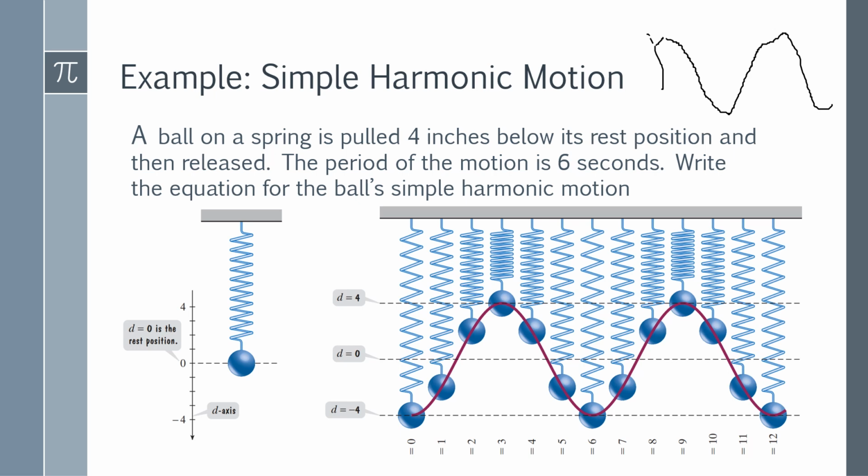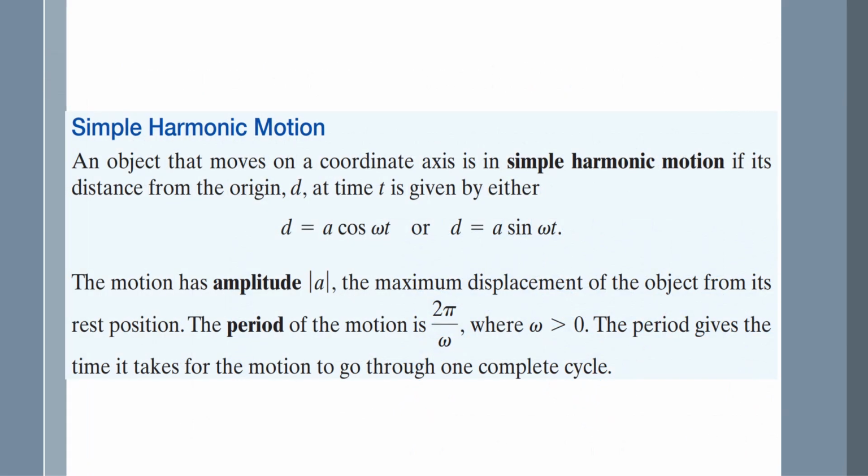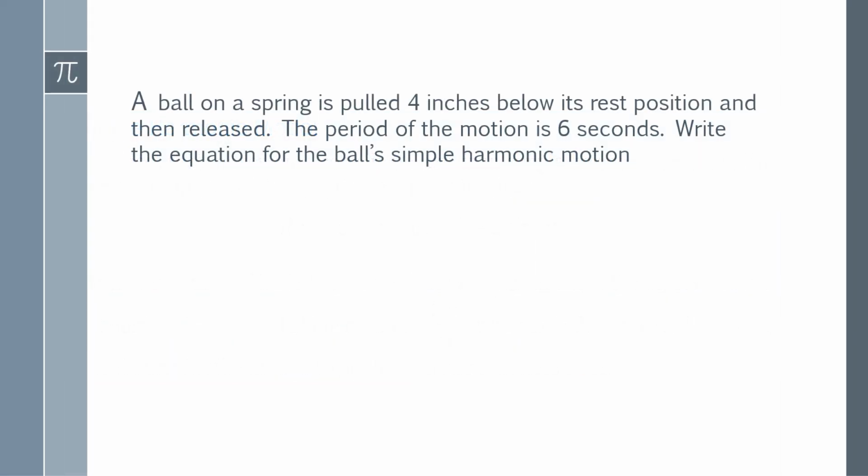So by then, we know a couple of things already. And you don't need this information. This is not needed. So we know it is a cosine function. And we also know that our amplitude, which is going to be A, is going to be -4. Now we have to figure out our period.